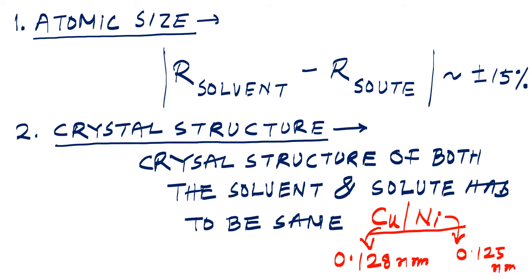If you calculate their atomic size difference, it is within the 15% limit, and both of them have an FCC structure. So there is a probability that copper and nickel will form a solid solution.